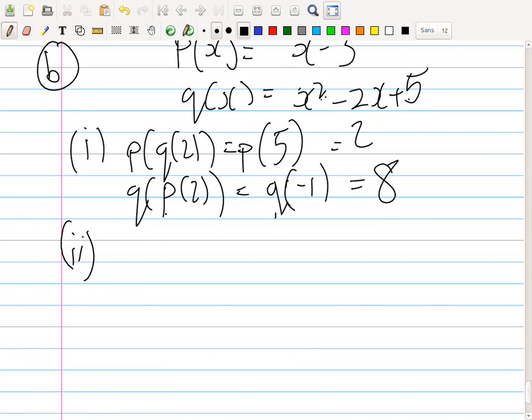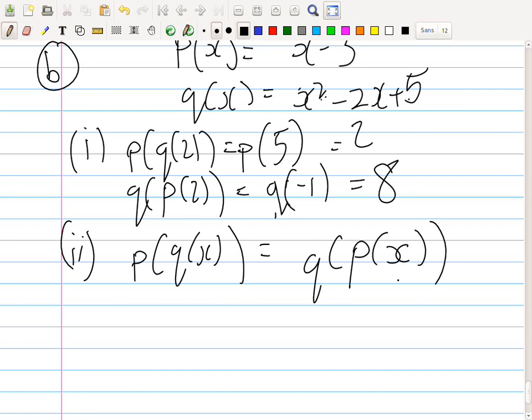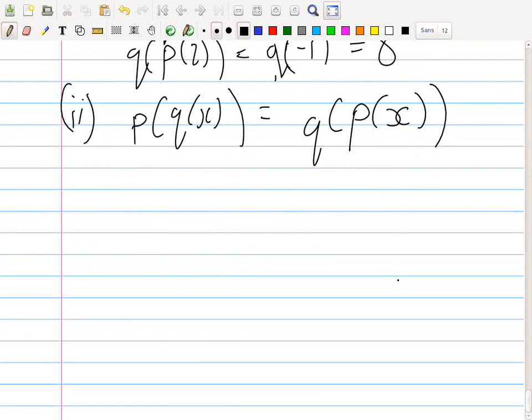Now, number 2. They want you to solve p of q of x equal to q of p of x. Sir, we'll do it one day. Well, you go ahead and do it. p of q, and what's q? x squared minus 2x plus 5 equals q of p, and what's p?